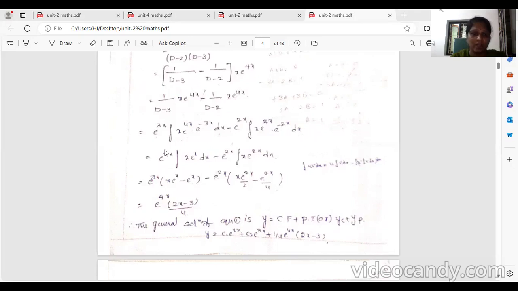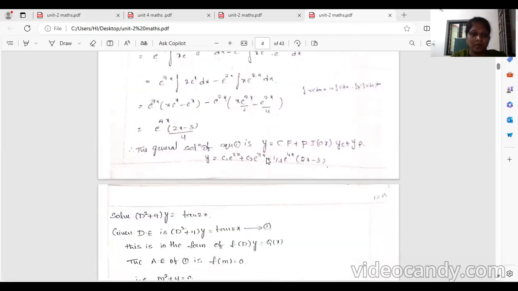So e power 3x, here e power 4x and e power minus 3x have equal bases, adding powers 4x minus 3x gives x into e power x dx, minus e power 2x integral of x into e power 2x dx, where here also the base is equal so we add powers.